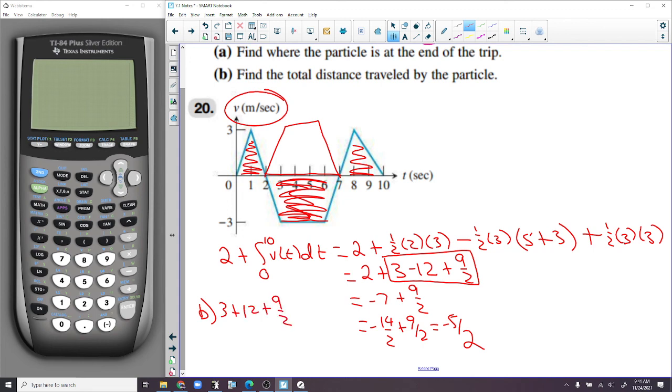Now we're not going to include the 2 because it didn't travel the 2, it started at the 2, so we don't include that. So 30 halves, because 15, right? 15 plus 9 halves. It actually traveled 39 halves to get to negative 5 halves. It went forward a little bit, it went backwards a little bit. So the displacement and the total distance traveled are not going to be the same.